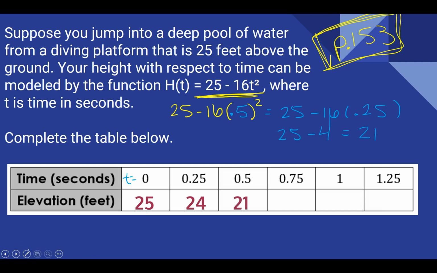Beautiful. Let's do 0.75. All right, 0.75 now. So what part are we going to do first? Yeah, we're going to square it. So what is 0.75 squared?